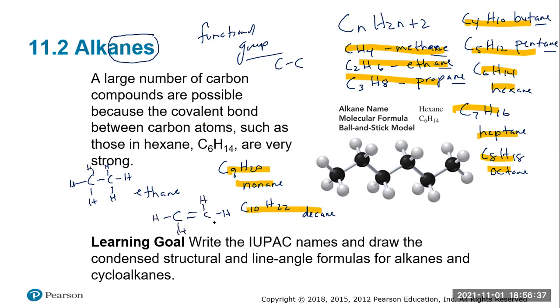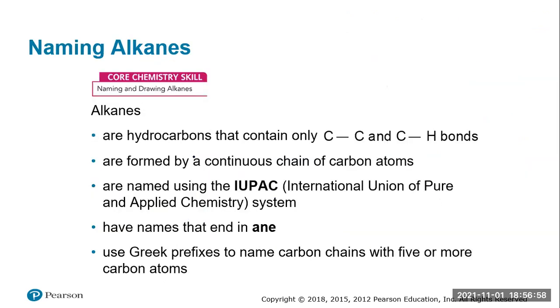This is what is known as ethene, E-N-E, because this is an alkene, based off of ethane. So everything that we name is all based off of these first 10. So let's talk a little bit about naming alkanes.